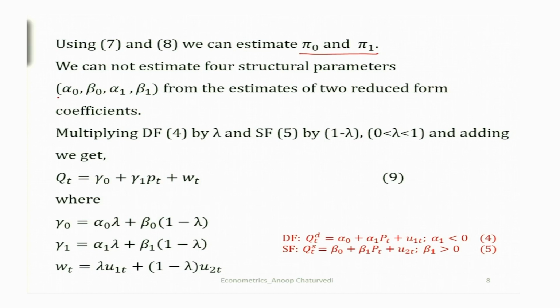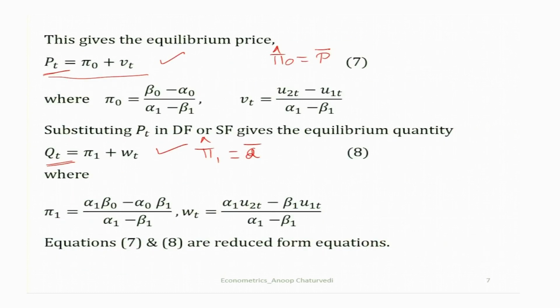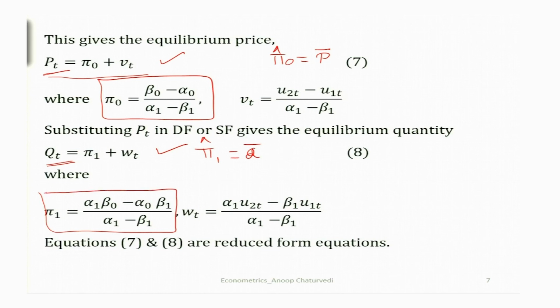So, to obtain these 4 structural parameters, you require at least 4 relationships, but you have just 2 estimates available to you, pi naught and pi 1, and between pi's and alphas you have just these 2 relations: pi naught equal to (beta naught minus alpha naught) upon (alpha 1 minus beta 1), and pi 1 equal to this.